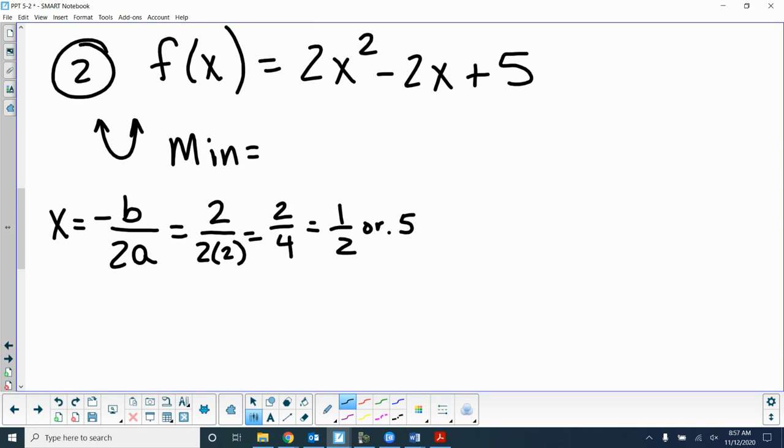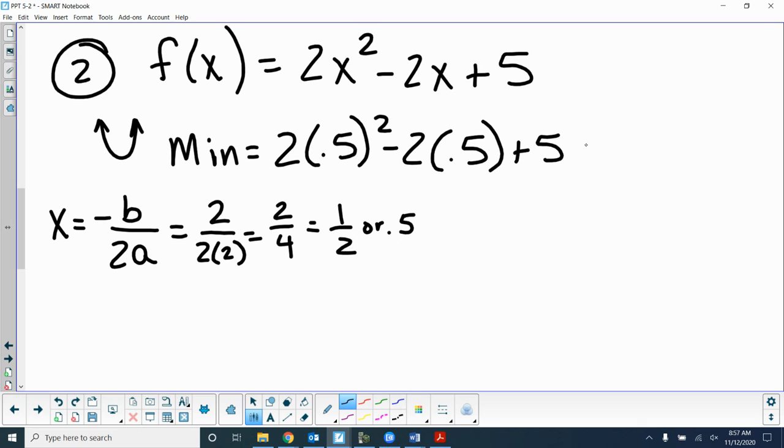It's the x value of the vertex, right? So I have to finish that vertex. So when you put that in your calculator, that gives you 4.5. So that's our minimum value.